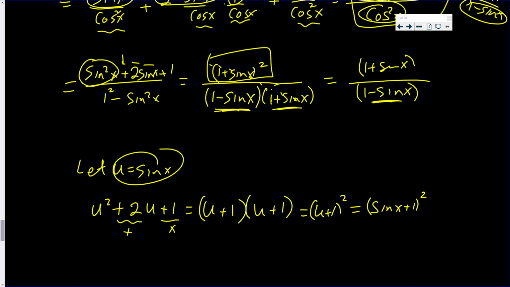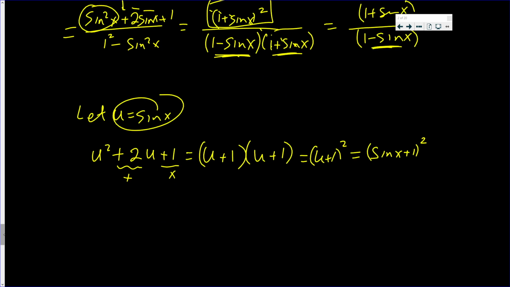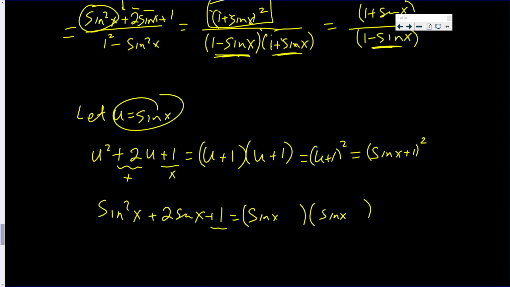If you didn't want to make the u substitution, you can realize that sine squared x plus 2 sine x plus 1 is a polynomial in sine x. So we're going to have sine x followed by a number, sine x followed by a number. The two numbers should multiply out to 1 and add up to 2, and the numbers are both 1, which is 1 plus sine x, if I commute it, squared.